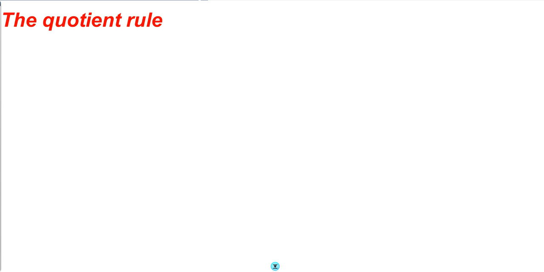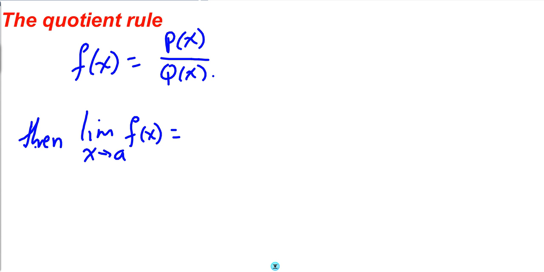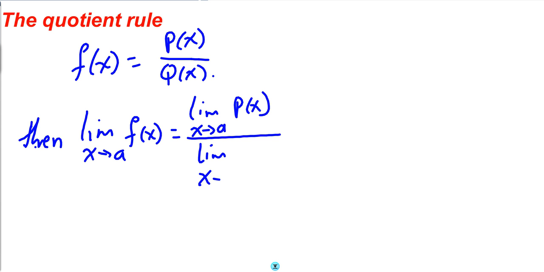The quotient rule simply says that if your function f of x is some function p of x divided by another function q of x, maybe p of x is one polynomial and q of x is another polynomial, then the limit as x approaches a of f of x is the same as the limit as x approaches a of p of x, the numerator, divided by the limit as x approaches a of the denominator q of x.